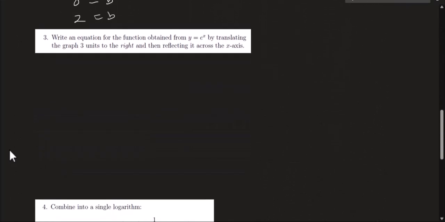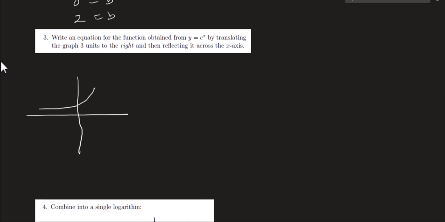Write an equation obtained from y equals e to the x by translating the graph 3 units to the right and then reflecting it across the x-axis. Okay, so that's e to the x.